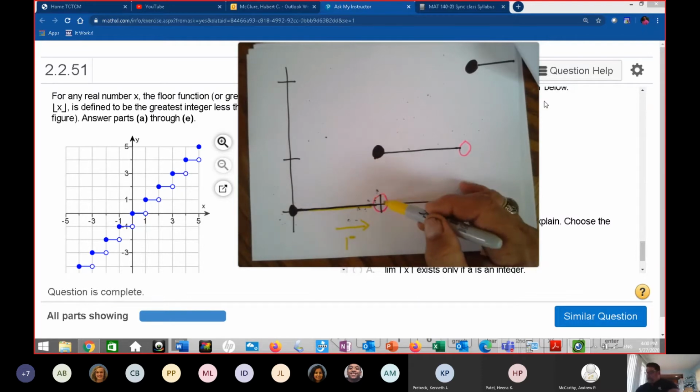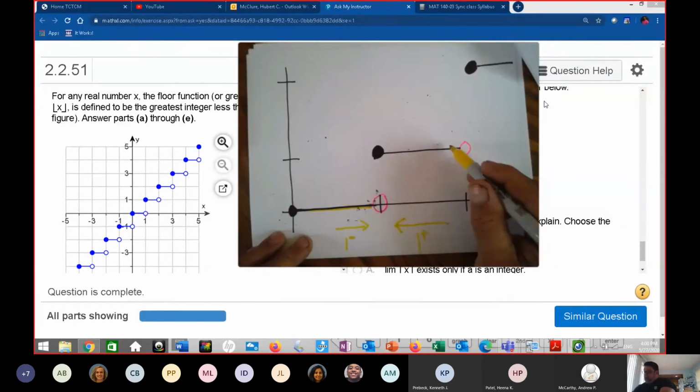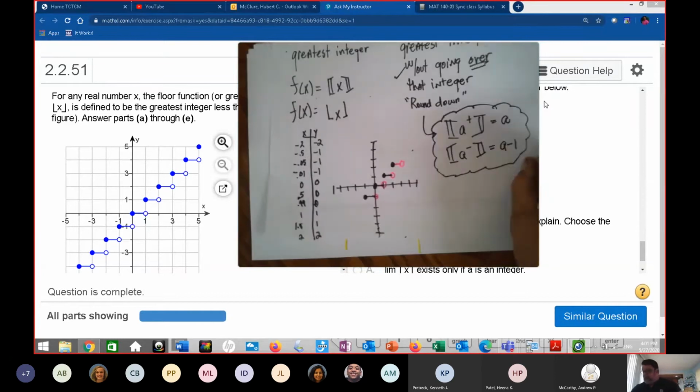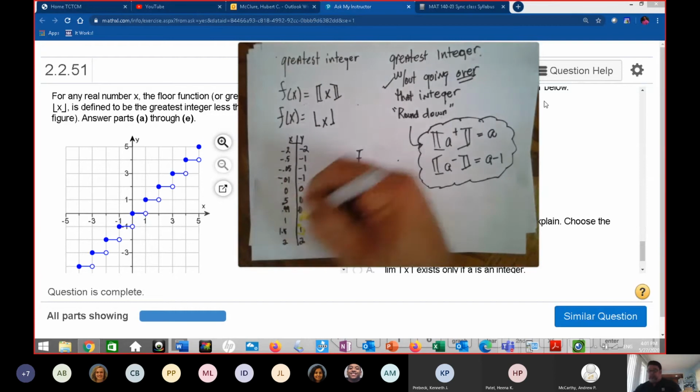But if I approach 1 from the right, there's nothing here, is there? So I have to jump up here. So what am I approaching? All my numbers from the right, you could say 1.5. 1.5 is equal to 1.